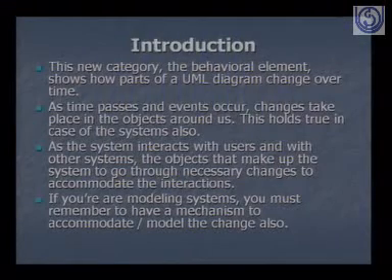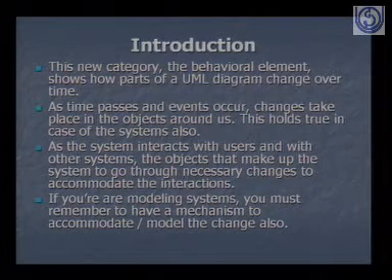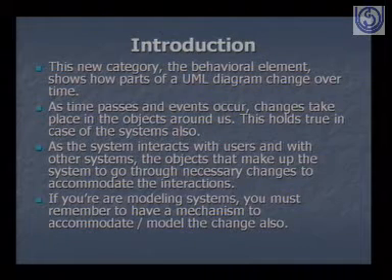This new category, called the behavioral element category, shows how parts of a UML diagram change over time. If you are taking some objects, and the behavior of those objects changes during the course of time, we take care of those things using this behavior element. As time passes and events occur, changes take place in the objects around us.